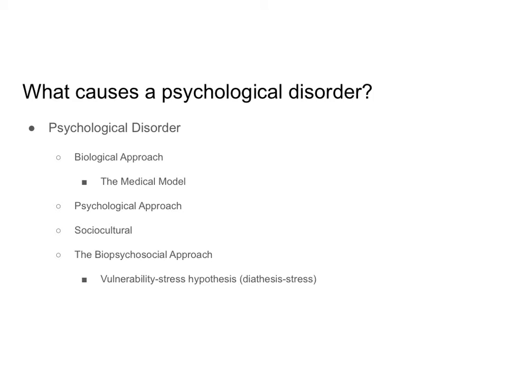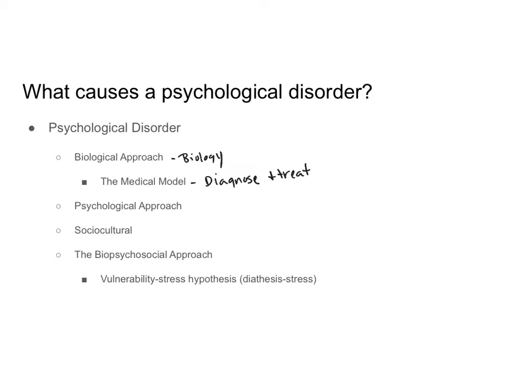Okay, so just like many of the other modules that we've discussed, we take a look at psychological disorders through the lens of all the modules. So we take a look at it through the biological approach. So we're thinking about biology. We look at it from the medical model, which is like a diagnose and treat.